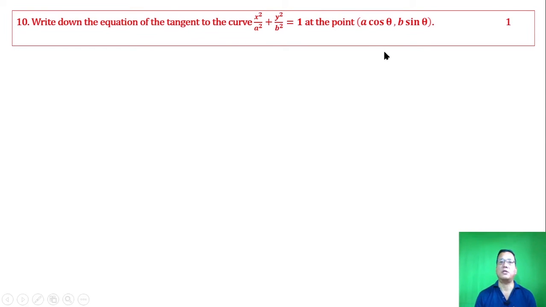The equation of the ellipse is x square by a square plus y square by b square equal to 1. The equation of the tangent at any given point x1, y1 is x x1 by a square plus y y1 by b square equal to 1. This is the formula.